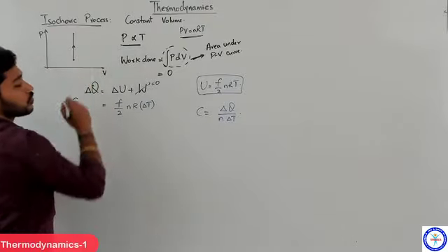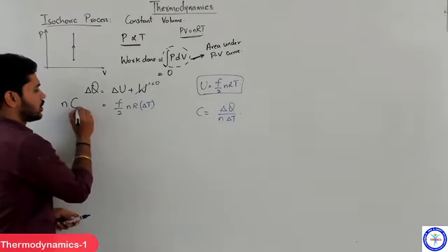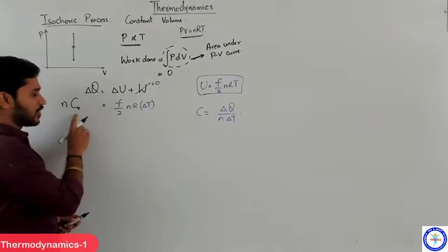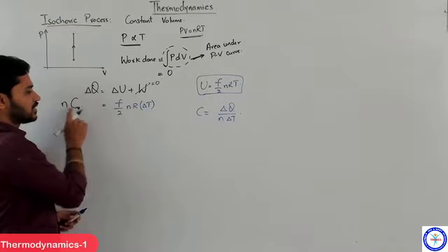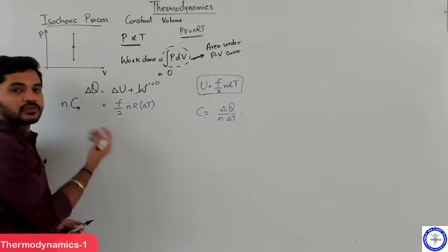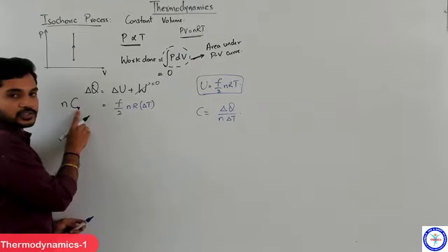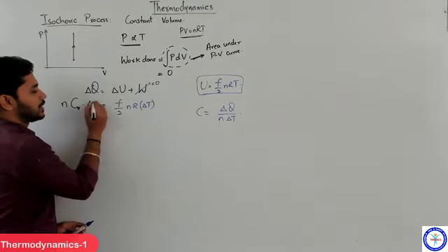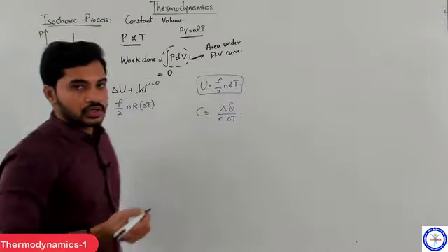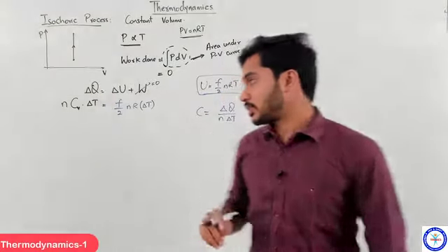Because this is a constant volume process, we give a subscript V to this, which basically means that this is the C value for a constant volume process. So subscript V means constant volume process, clear, into delta T. Clear, students? So this is the expression that I will be getting.